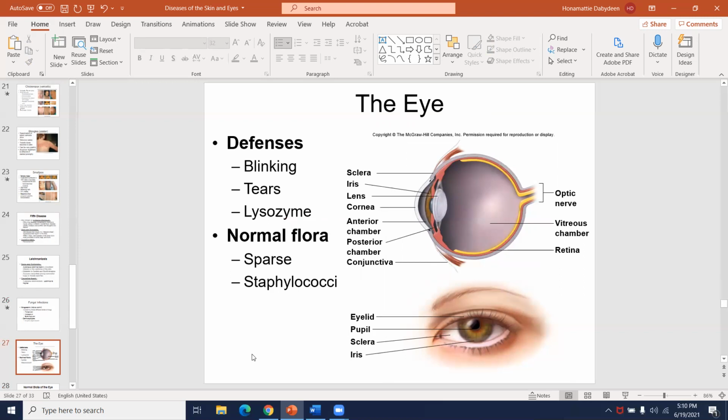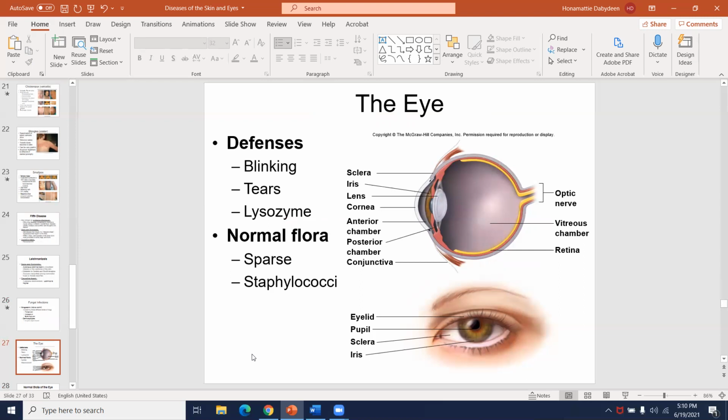Now, first of all, you know that there are lacrimal glands that will produce a lot of tears. Tears are one of the defenses you will have. Tears contain things like an aqueous fluid, there are oils, even mucus in the tears.